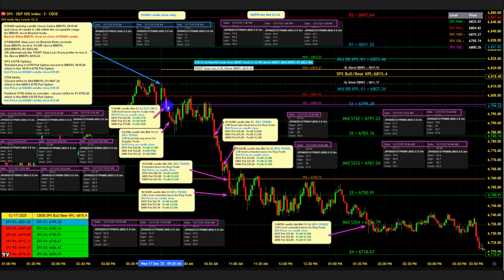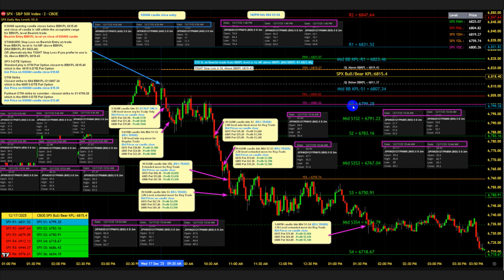Now with a regular trade with this strategy, with this indicator, you are looking for a minimum 1.5 level move in your favor. It's the same exact process. We take the level we're taking the trade from, in this case a bearish trade from this level, the bull bear KPL.